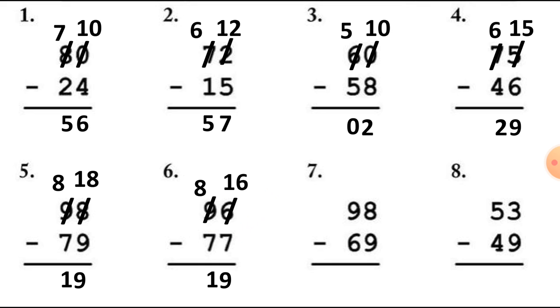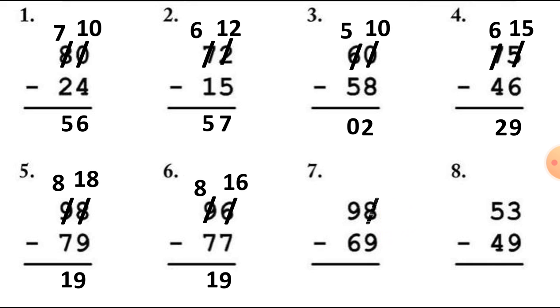Let's move to the sum number 7. Here is 98 minus 69. Please write down this into your notebook. 98 minus 69. Now students, see this. Here is the 8 number, which is the small number, and here is the 9 number, which is the big number. So we can't take away 9 number from this 8.